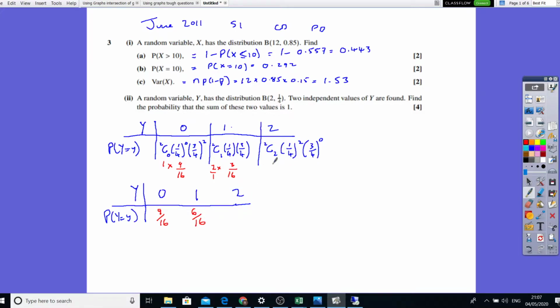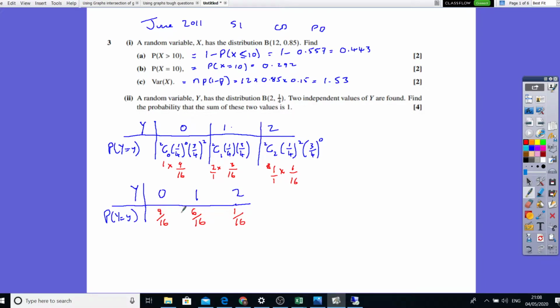Same with here, 2 choose 2 is going to be 1, times anything to the power of 0 is just 1, so that's going to be 1/4 squared, 1 over 16.